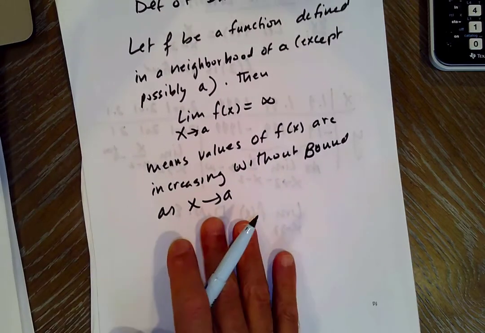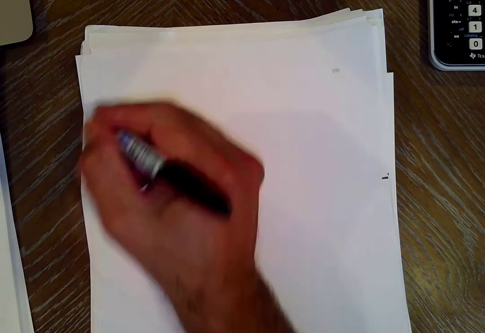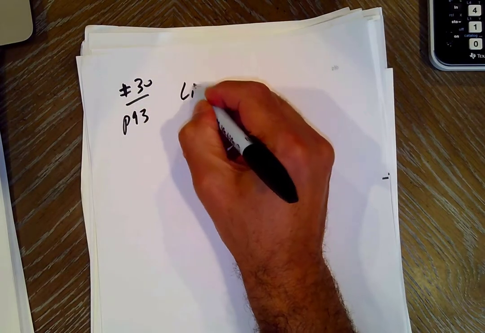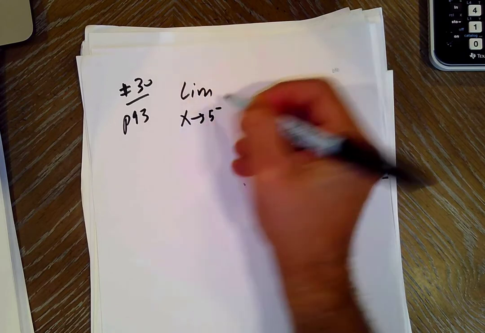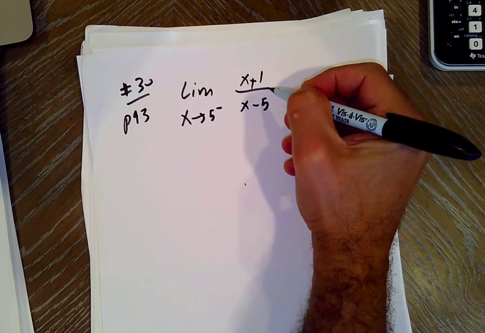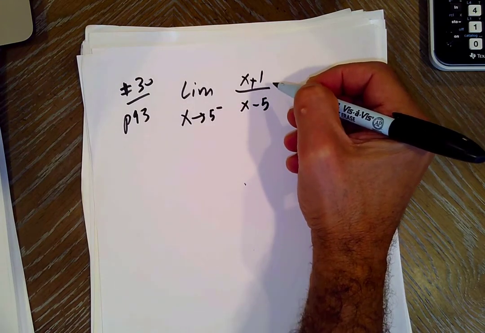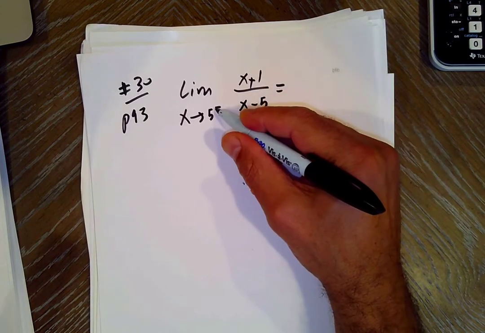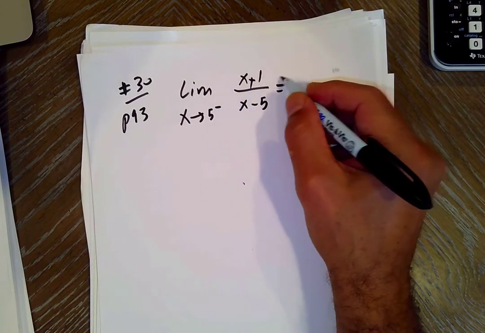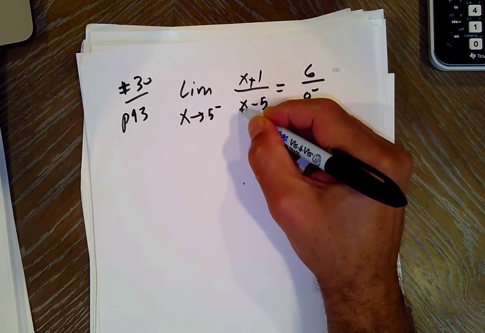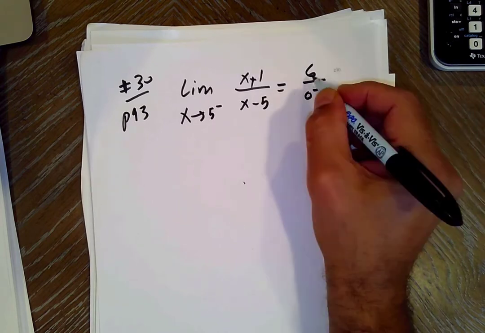Okay, so let's look at number 30, page 93. The limit as x goes to 5 from the left of x plus 1 over x minus 5. Basically, if you plug in 5, or 4.999, you're getting 6 over 0 minus, since x is less than 5, so x minus 5 is 0 minus.